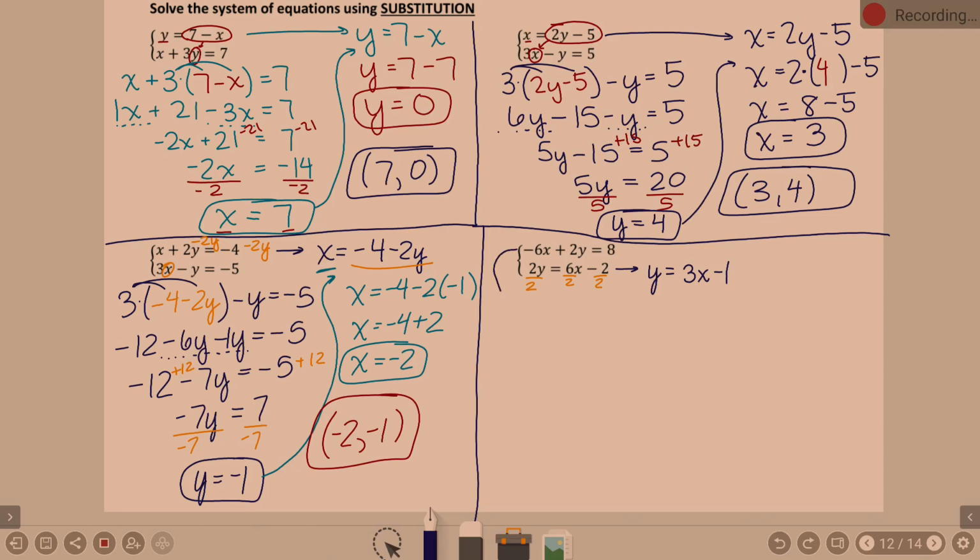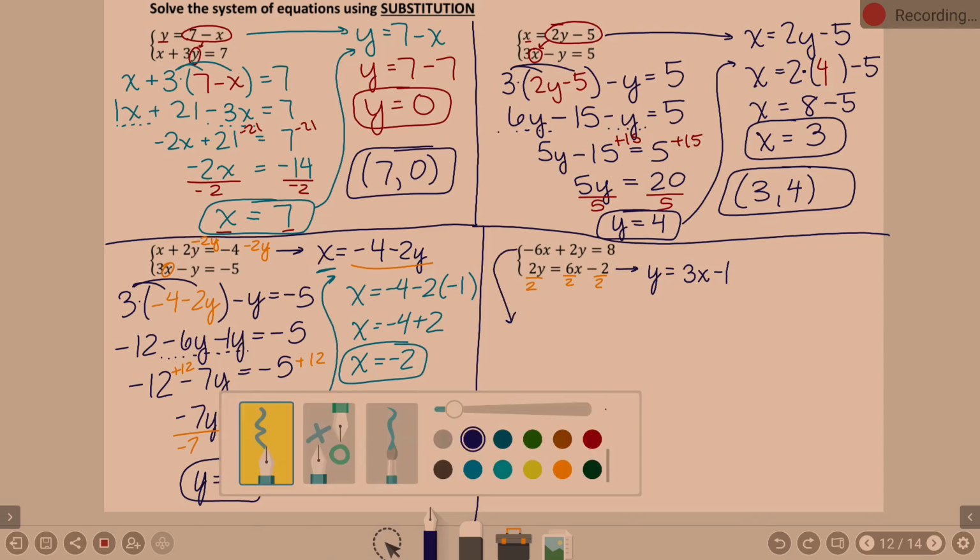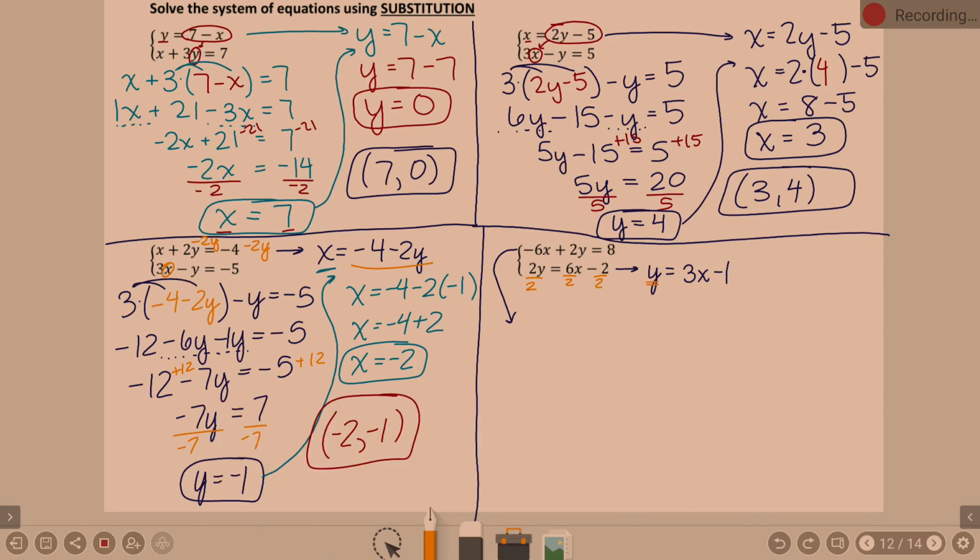Okay. Every place I see a y, I'm going to replace it with 3x minus 1. So negative 6, that was right, x plus 2 times y. But y is 3x minus 1 equals 8.